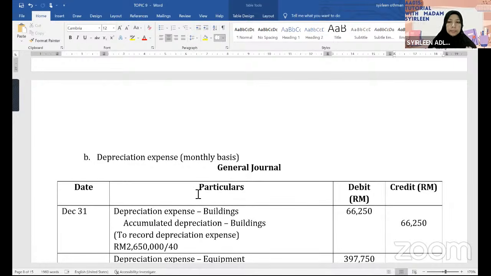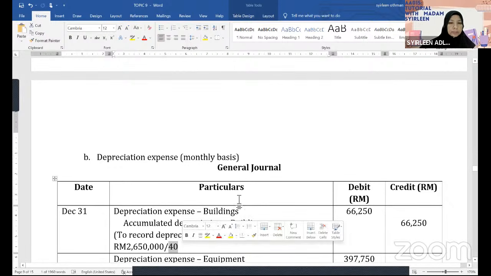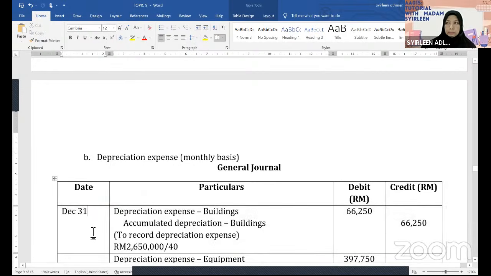So depreciation kira macam biasa. Okay, aset tu memang tak bergerak dekat kamu, memang ada dari awal. So 2,650,000 divide by 40, which is the useful life. So the depreciation expense that is on the 31st of December that year is 66,250. That is for your building.